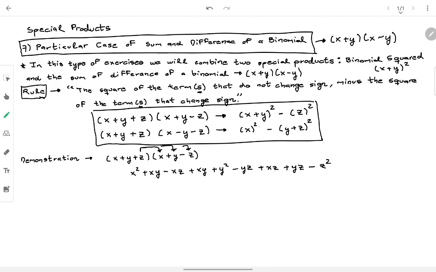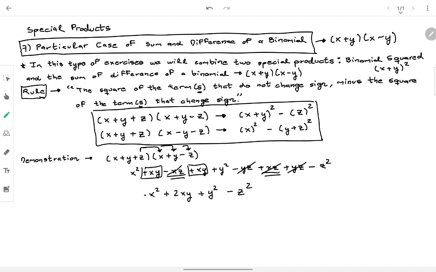So if we make the like-term simplification, plus xy plus xy, we will get something like x squared plus 2xy. Then xc minus xc we can eliminate, and minus yc and plus yc as well. So it will be plus y squared minus c squared.